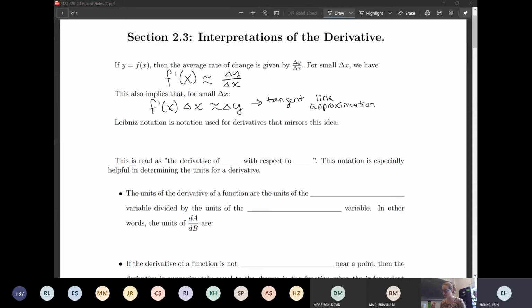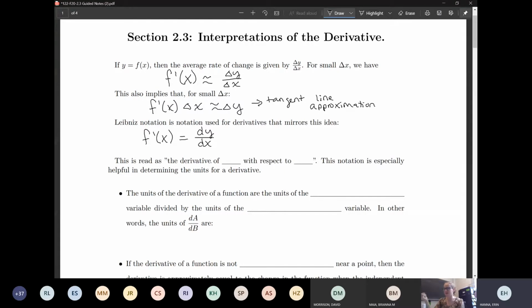Leibniz notation is used a bit more often in a general calculus course, but we do talk about it a little because it mirrors this idea of an instantaneous rate of change as a slope. The Leibniz notation for the derivative is this guy on the right, dy over dx. The reason we're going to use it is because it's really helpful with determining the units of a derivative.